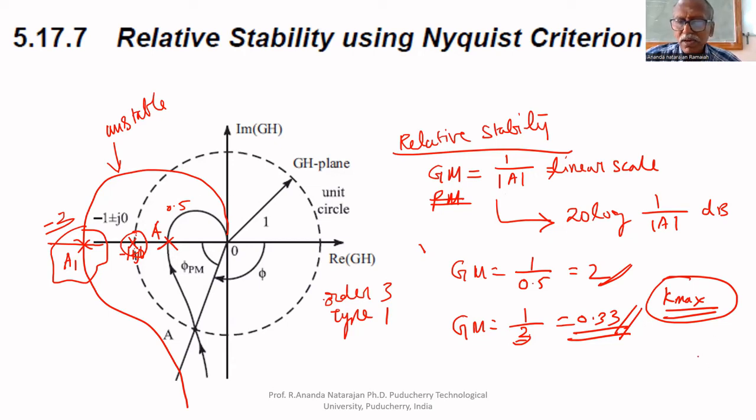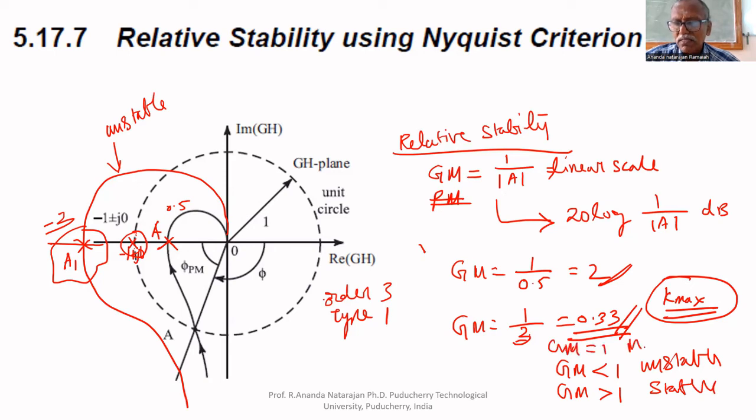If gain margin is less than 1 in linear scale, unstable. If gain margin is greater than 1, stable system. If gain margin equal to 1, marginally stable. These are all in linear scale.